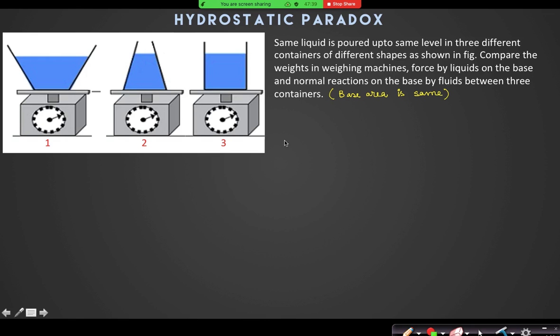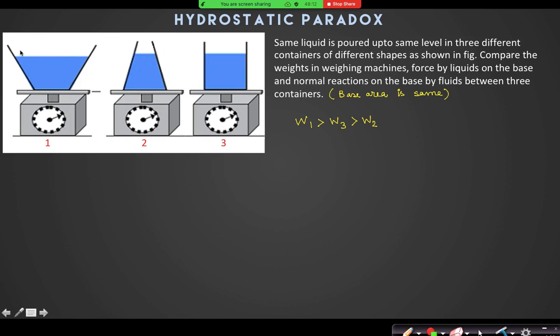Definitely from the diagram it is clear that weight of 1 is greater than weight of 3, and that should be greater than weight of 2. Container 1 has more liquid than container 3, and container 2 has the minimum amount of liquid among these three. Yes or no?